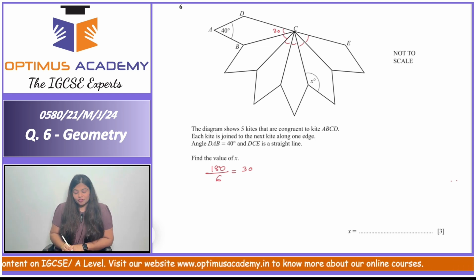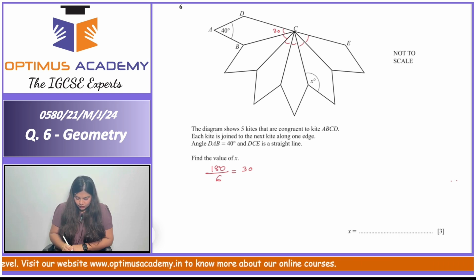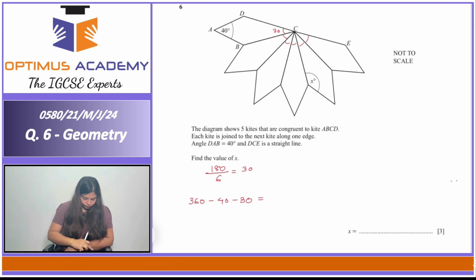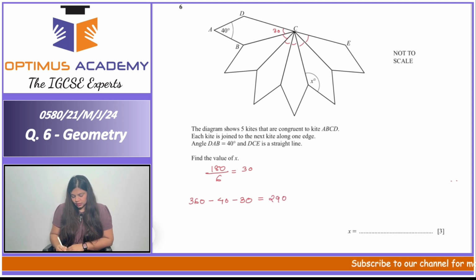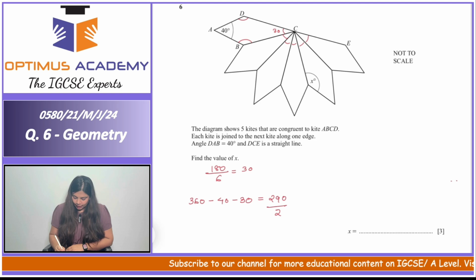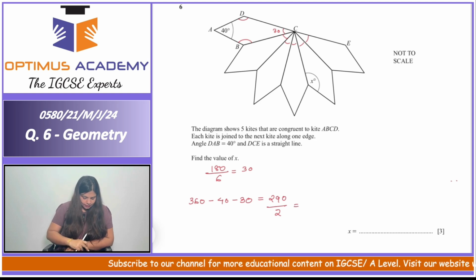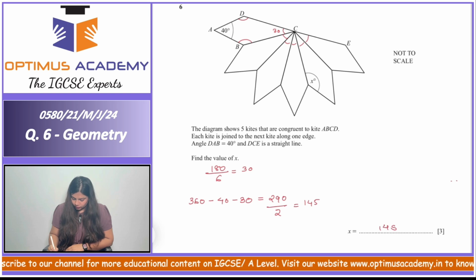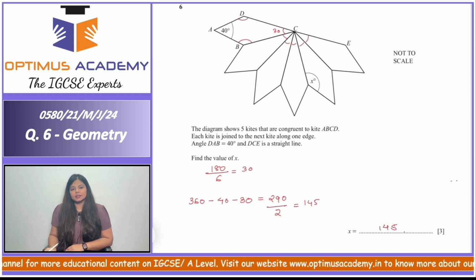Knowing that the sum of angles of a quadrilateral is 360, 360 minus 40 minus 30 would give us a total of 290. 290 would be divided between the two angles, angle D and angle B, both being equal. Hence, we will get the answer as 145. So the value of x is 145.